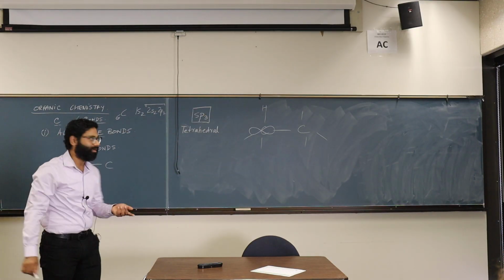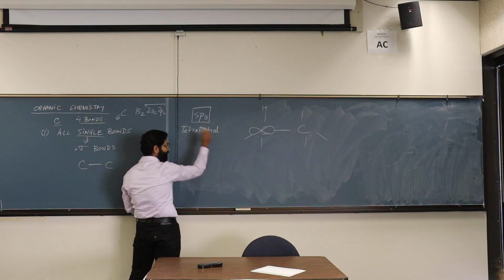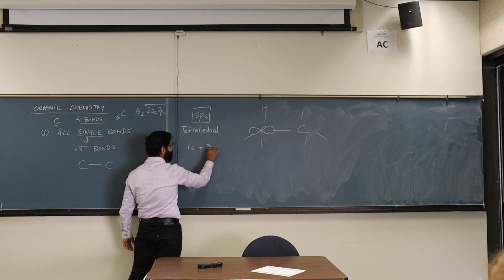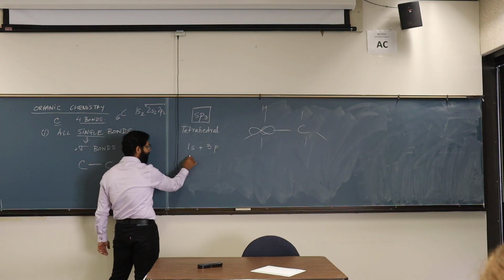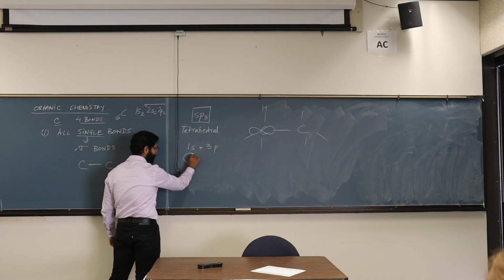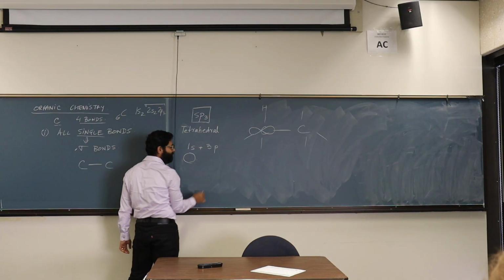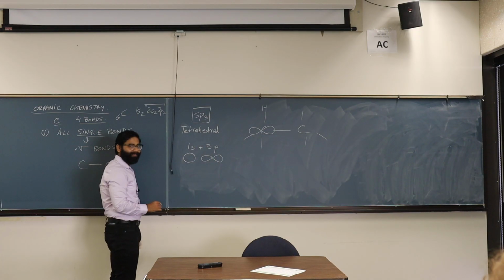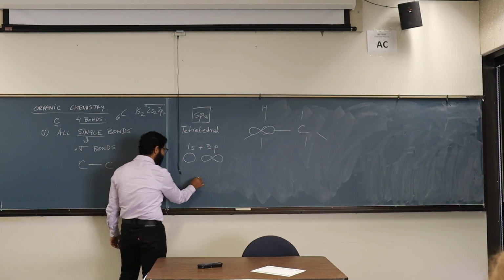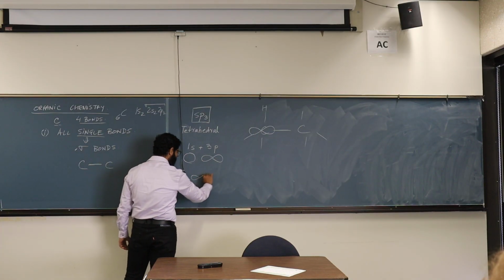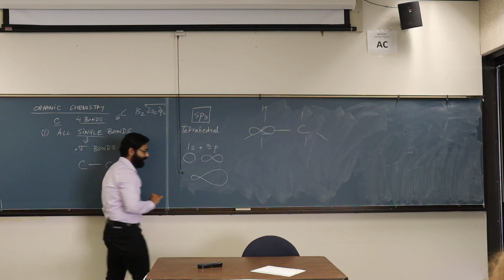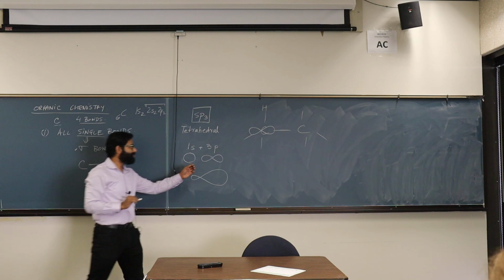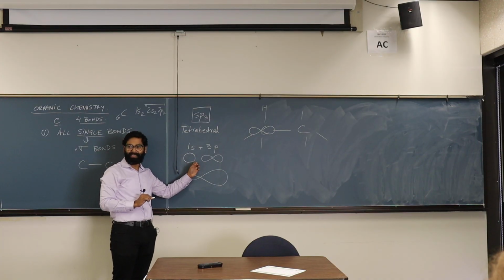What is an sp3 orbital? An sp3 hybridized orbital is made up of 1s and 3 p orbitals. What is the shape of an s orbital? Spherical. What is the shape of a p orbital? Dumbbell. When you combine them, you form something like this. What is the percent character of S in this?